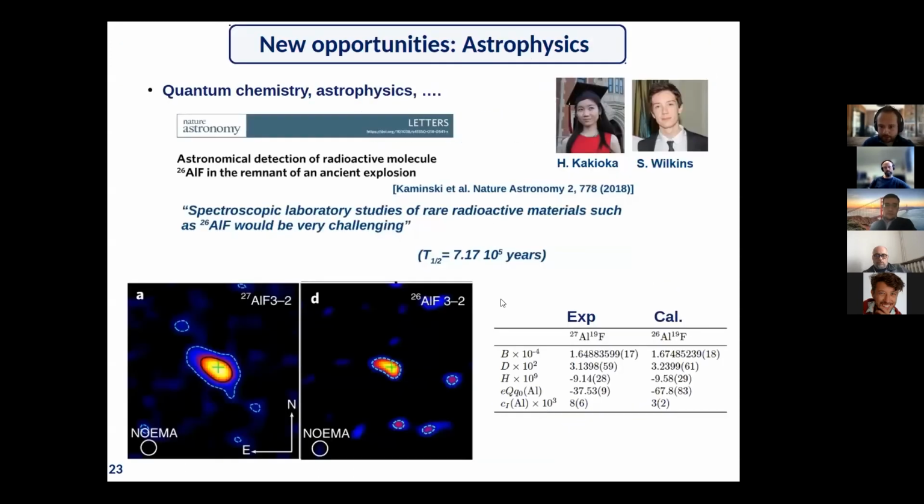So as I said, there are also applications beyond fundamental symmetries and nuclear science. We are now combining efforts with some astronomers here at MIT and chemists to study molecules for astrophysics. And this is something that we can do now with the technology that we have. You need to know the rotational structure very well. Predictions, in their words, are not good enough to actually guide an astrophysical observation.